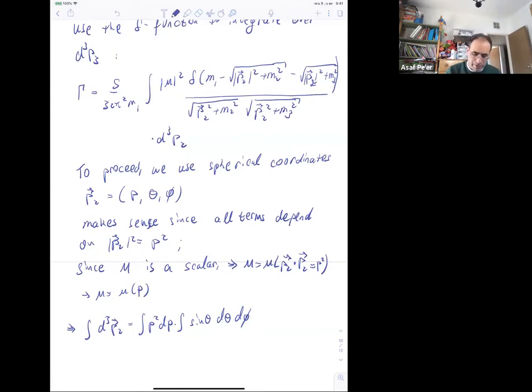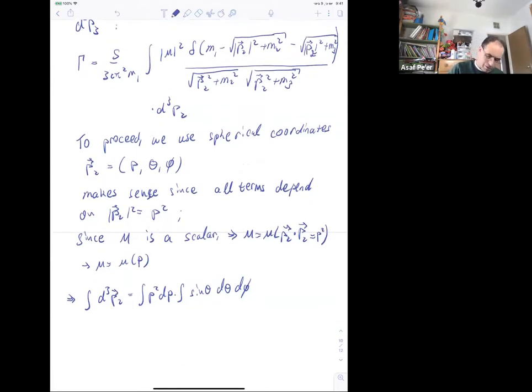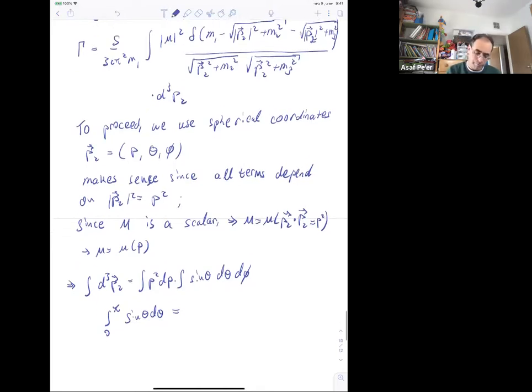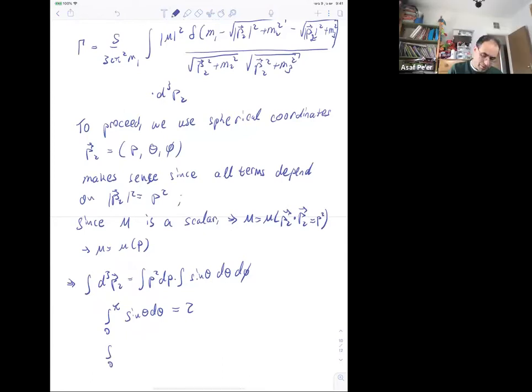Now the angular integrals are pretty straightforward. The integral from 0 to pi of sine theta d theta: how much is that? Two. Thank you. The integral from 0 to 2 pi of d phi is just 2 pi. So surprise, surprise, we end up with the 4 pi term, which cancels with the 32 pi squared.